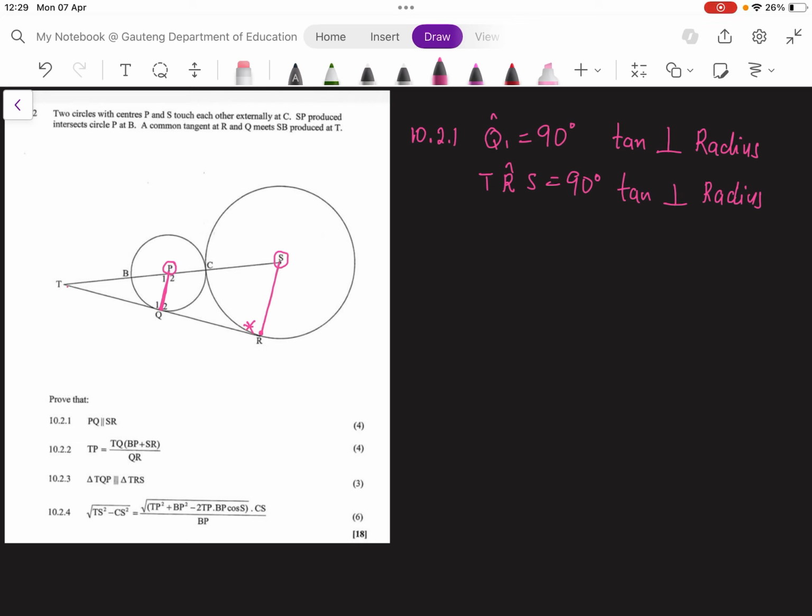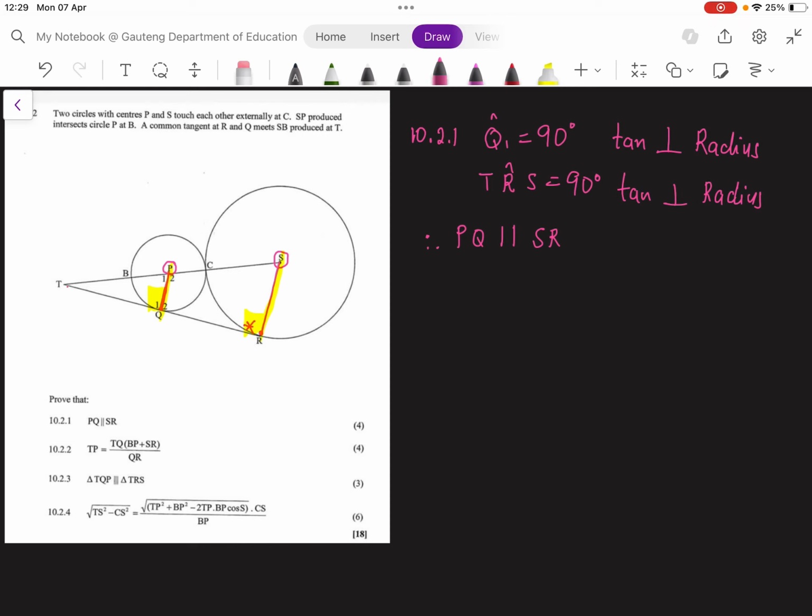Now we can conclude and say, therefore, PQ is parallel to SR. So these two lines are parallel because these two angles are equal. They are both equal to 90 degrees.